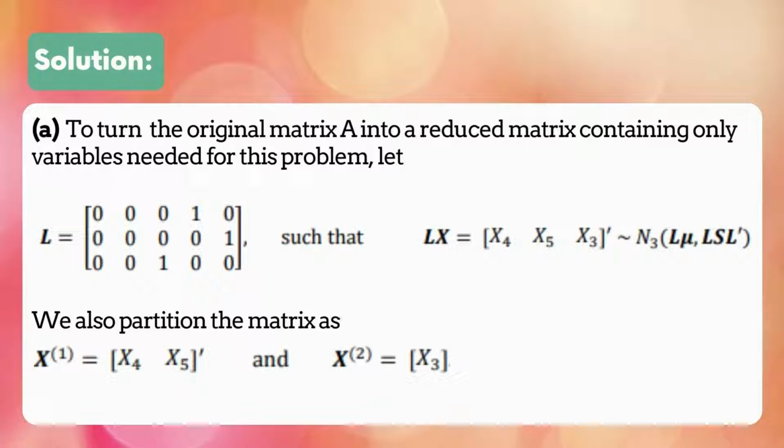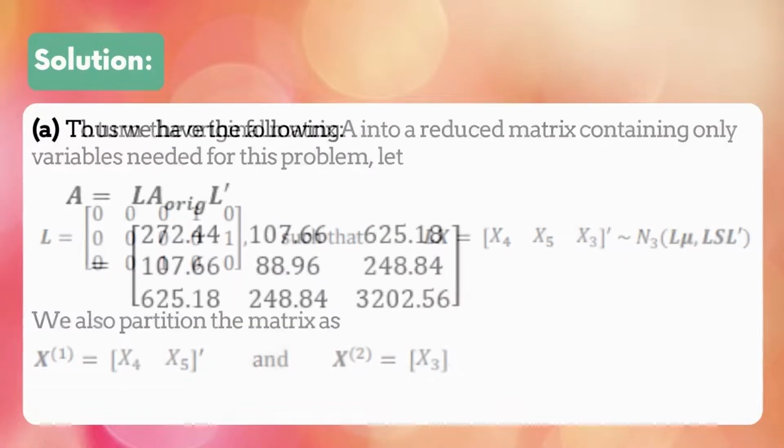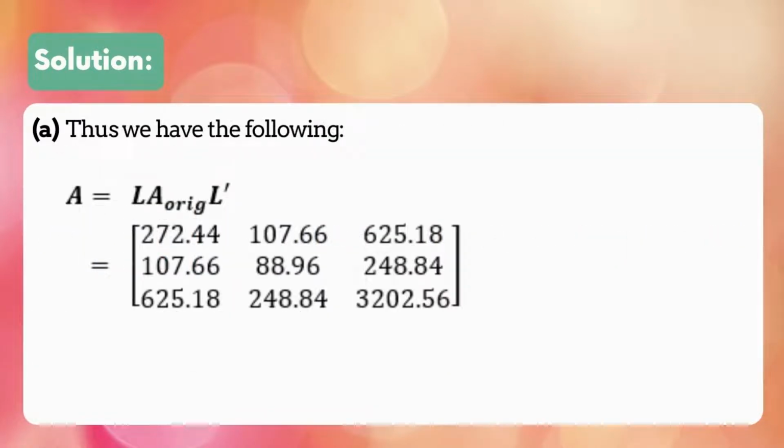We also partition the matrix X as X superscript 1 equals x4, x5 transposed, and X superscript 2 equals x3. Then we have the following reduced matrix A equal to permutation matrix L times original matrix A times L transposed.